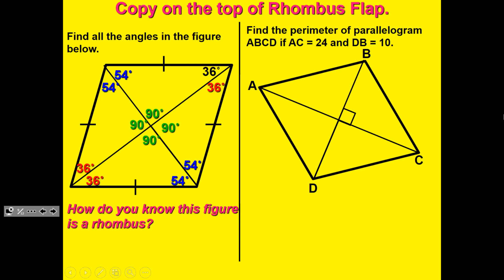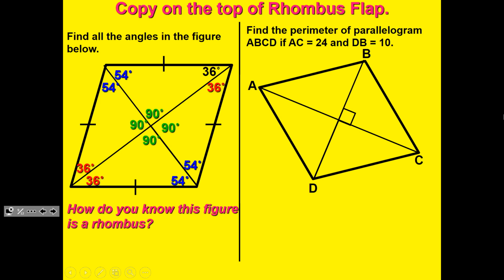Okay, it says we're going to find the perimeter of parallelogram ABCD if AC is 24 and DB is 10. Again, you don't have to write the sentence, just draw the picture and label AC being 24 and DB being 10. Okay, so because it has the properties of a parallelogram, what do I know about its diagonals?